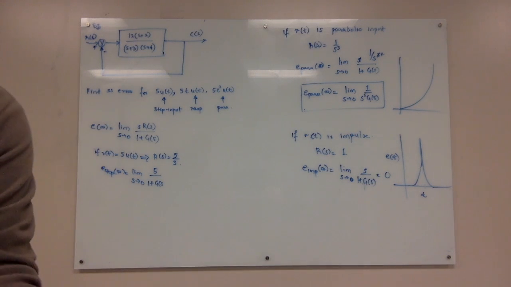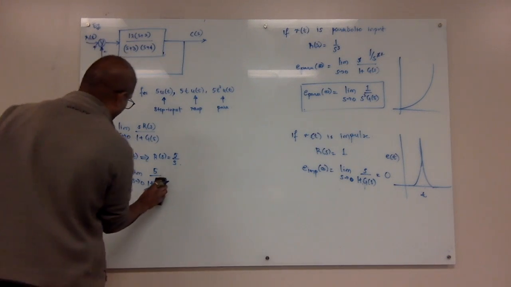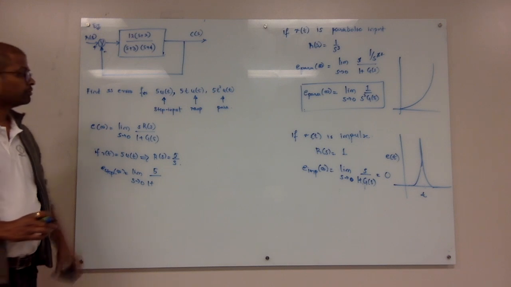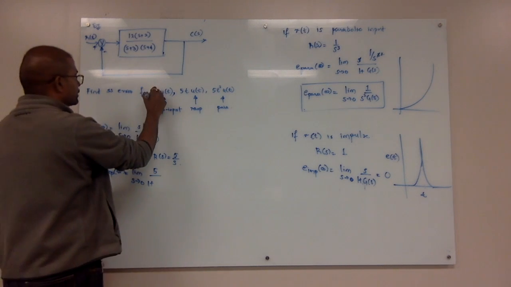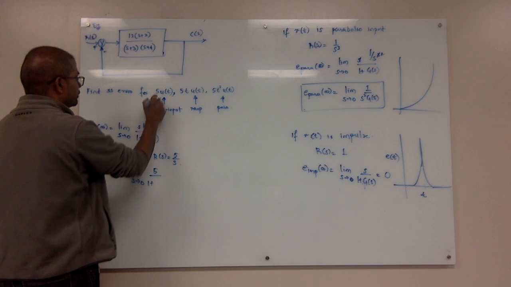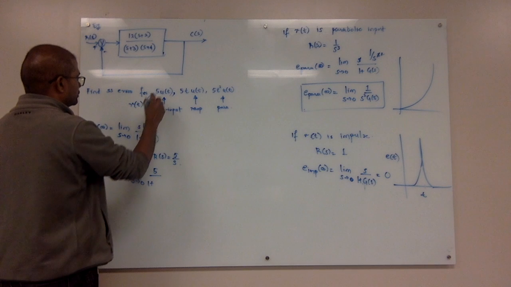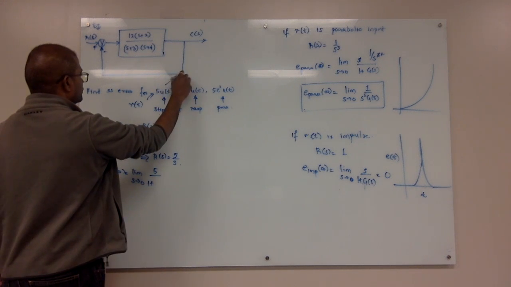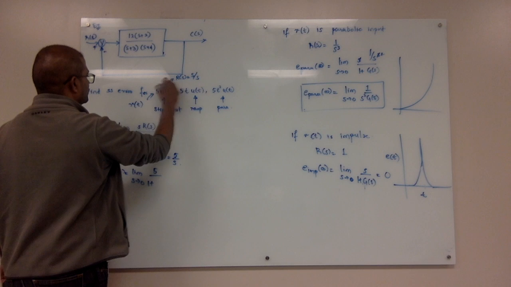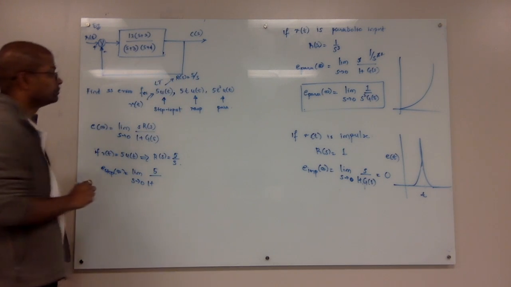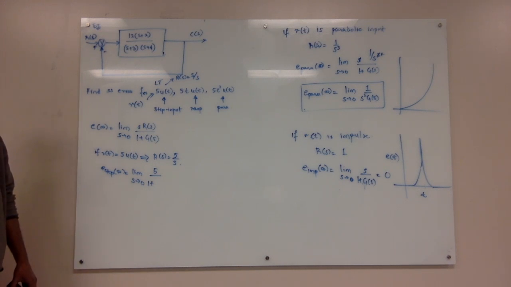Why wouldn't we use the T? So I'm just curious because you have the ramp 5T U of T. Yeah, this R of S is the Laplace transform of R of T. You take the Laplace transform of 5T, and you're going to get 5 over S squared.